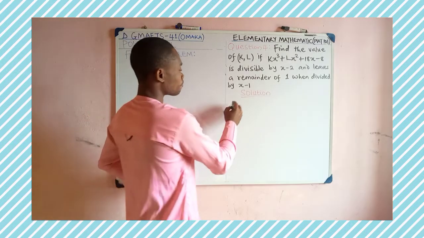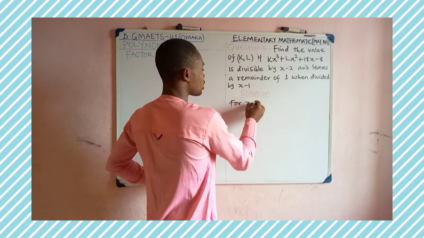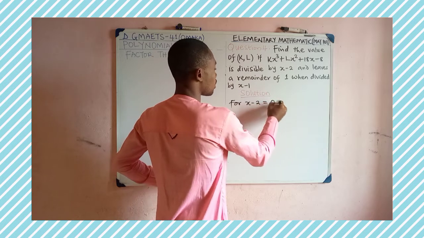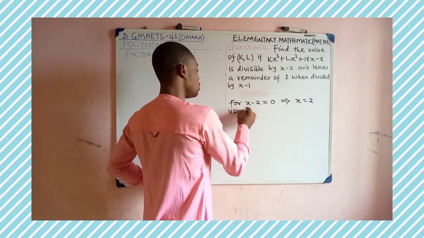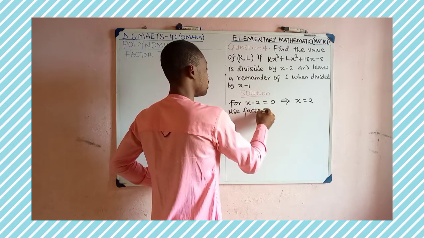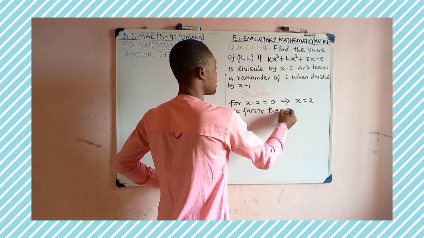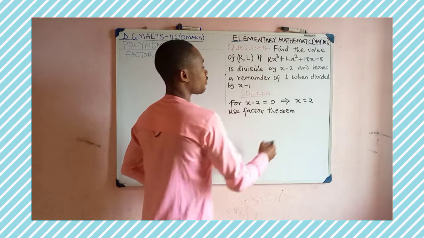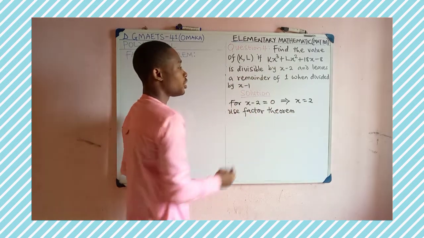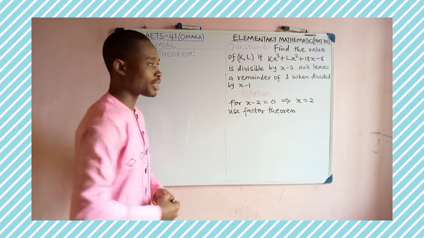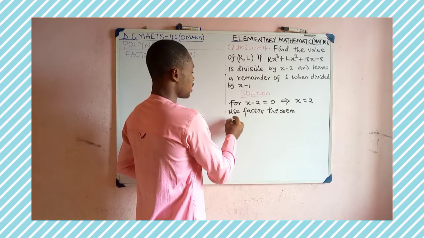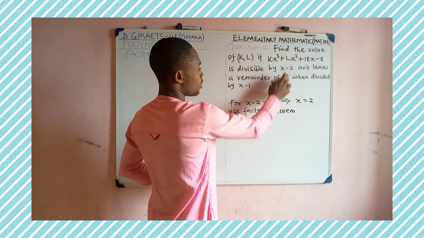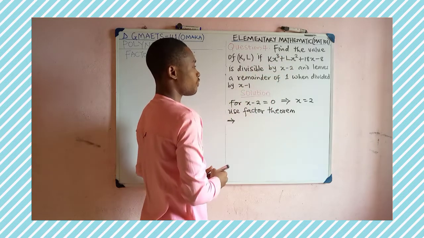Let's do that. For x minus 2 equals 0, it implies that x is equal to 2. So I'm going to write use factor theorem, and I stated the reason for that. Use factor theorem because the polynomial is divisible by x minus 2. It implies that we'll go to this polynomial and substitute 2 for x.